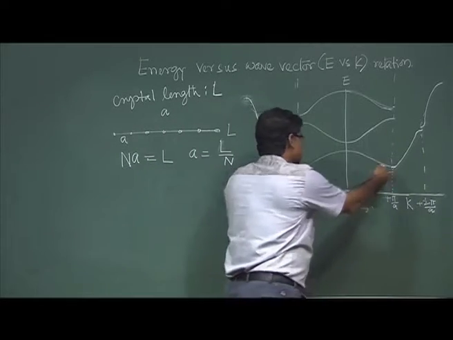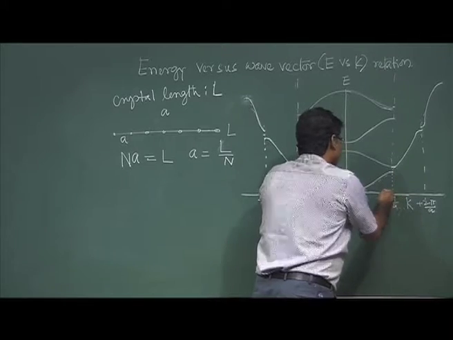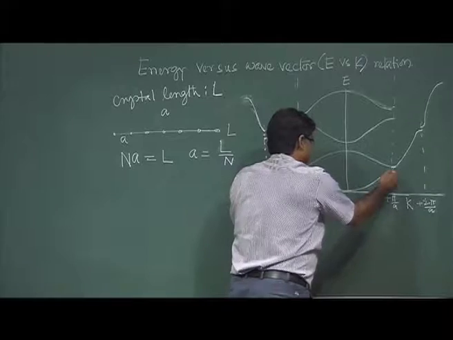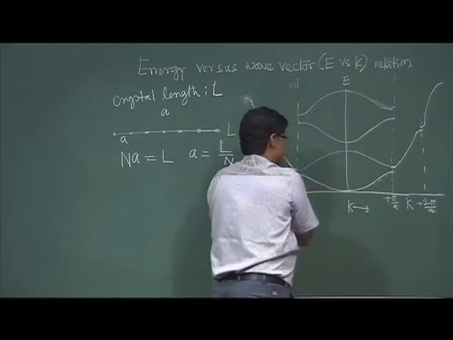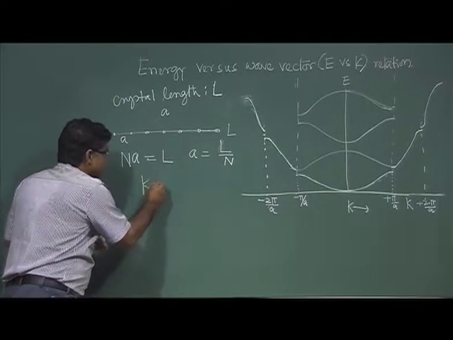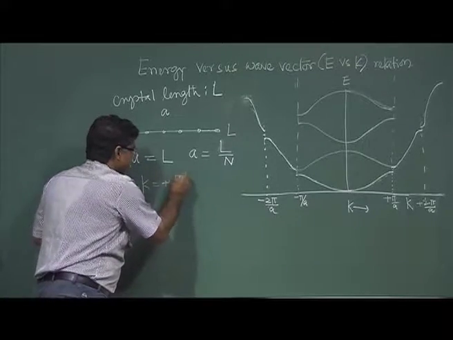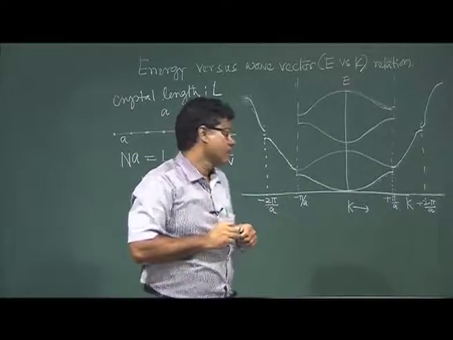So here you see, in the first Brillouin zone, the upper limit of k is plus pi by a and minus pi by a. So when the k value is plus pi by a, right.